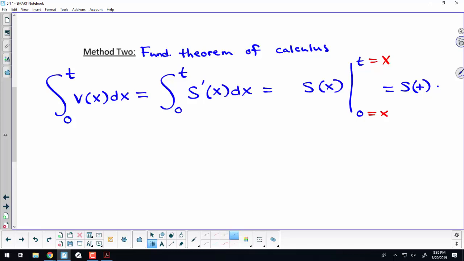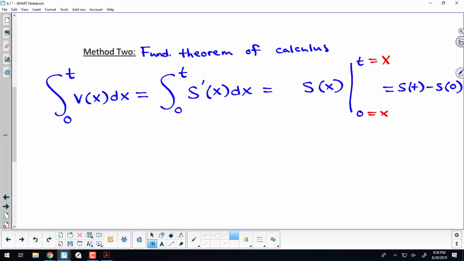So s of t minus s of 0. So that's what all of that stuff evaluates to, and how does that help us?